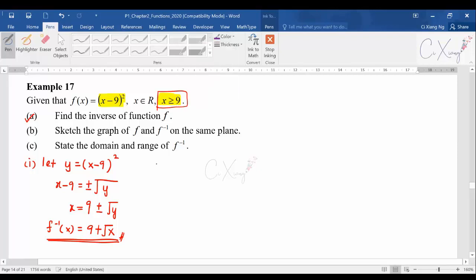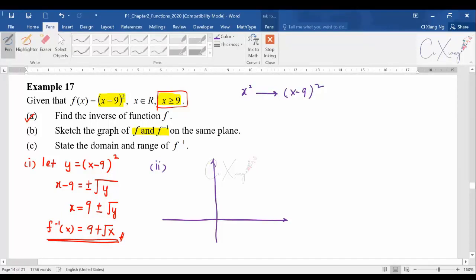All right, then now you go to part number 2. For part number 2, they want you to sketch f and f inverse on the same plane. So how to sketch it on the same plane? Maybe I can draw the original function first. You see that x squared, you want to change it become x minus 9 and you square it, right?